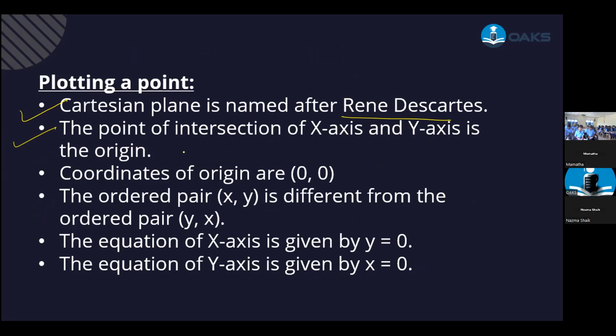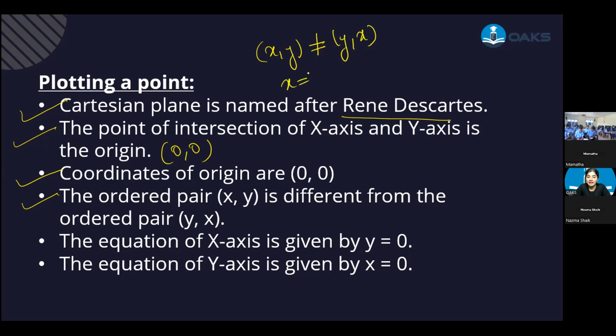Coordinates of the origin are 0, 0. The ordered pair (x, y) is different from (y, x). They are not equal. They are only equal when x is equal to y.